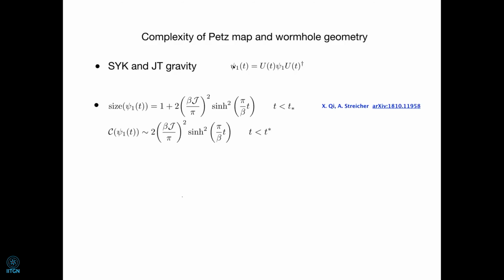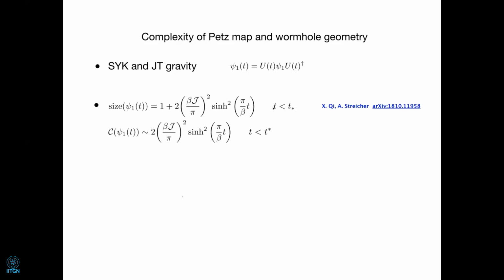In order to study the complexity of this operator, first one can look at the size of the operator. This was done in a paper by Qi and Streicher. They show that at temperature 1 over beta, the size of this operator has this particular form at time less than the scrambling time.